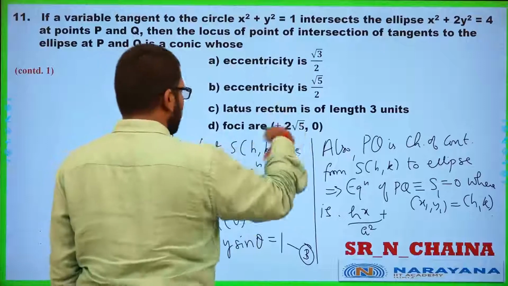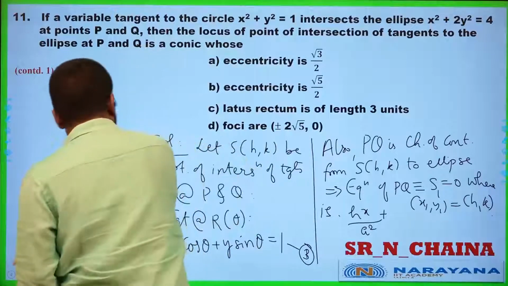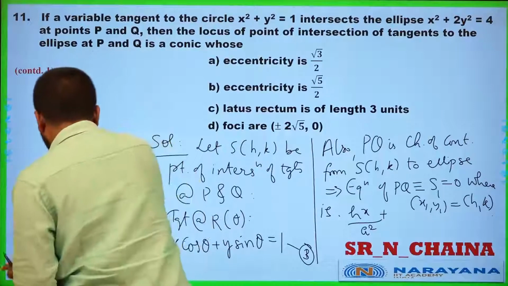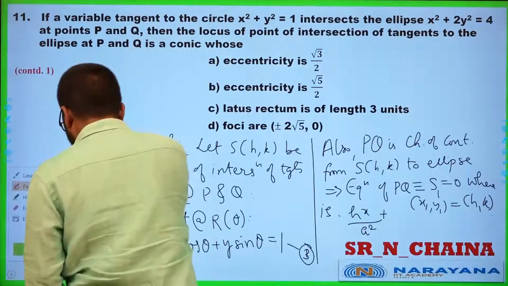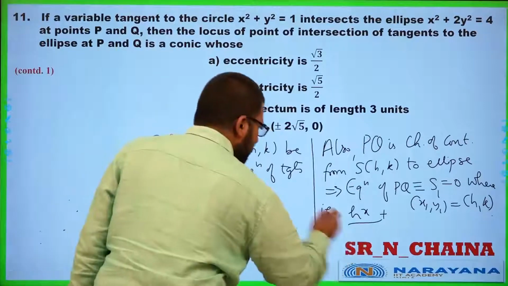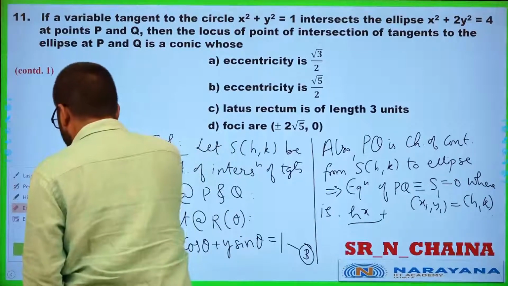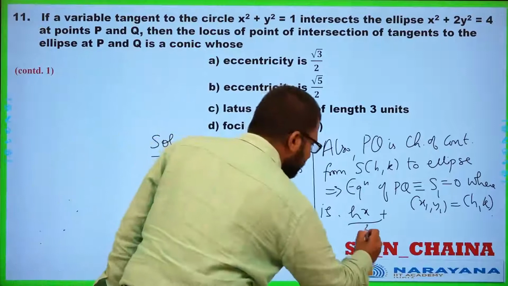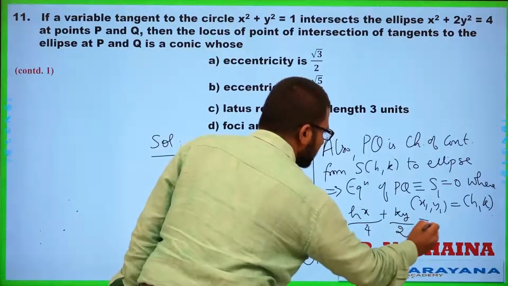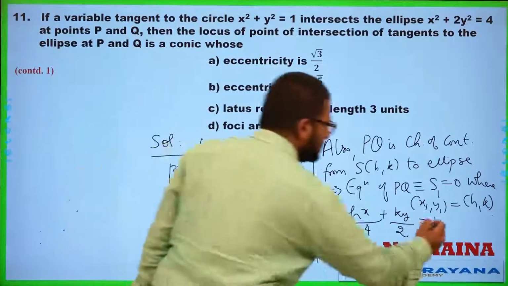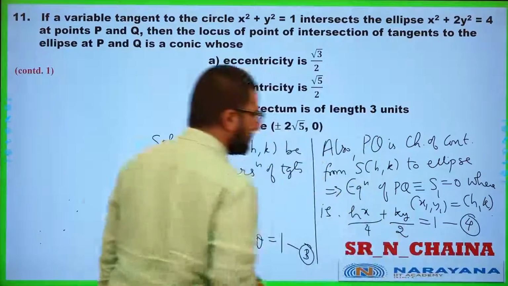Do we know the value of a square? Yes, a square is 4, so hx by 4 plus ky by 2 equal to 1. Let us call this equation 4.